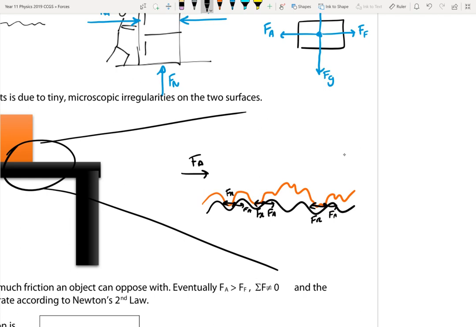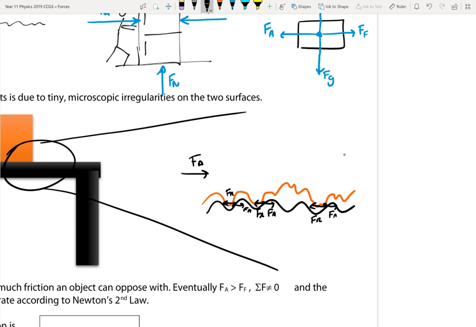So I've just drawn three instances there where the surfaces meet. Again, you think of a table and a book, you go, oh, they're perfectly flat, so there shouldn't be any region where they're meeting in contact. But if you zoom in, you would see that the book is not a flat surface and neither is the table. We can try and remove that by polishing the surfaces.